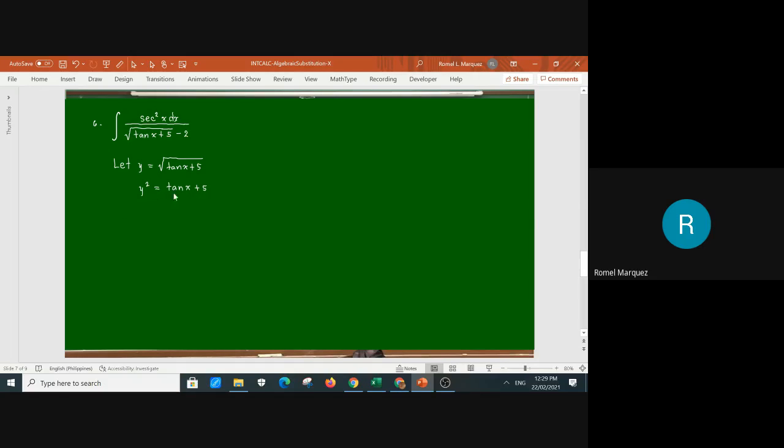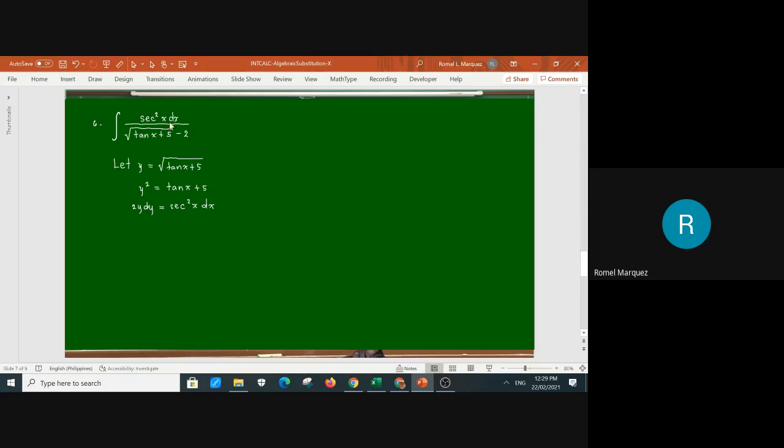But what is the differential of this? We get on the left side 2y dy. On the right side, we have secant squared x dx.